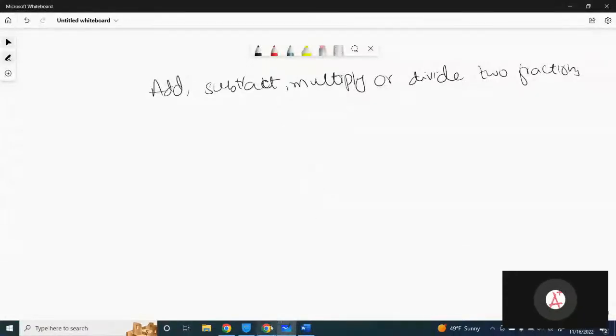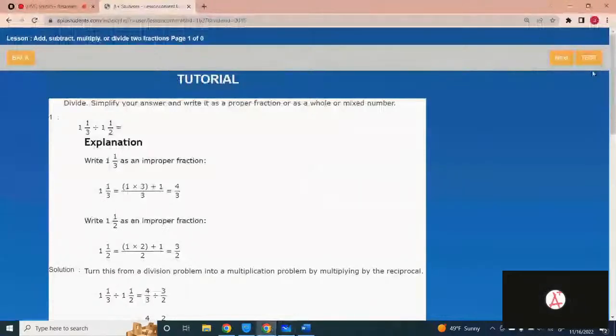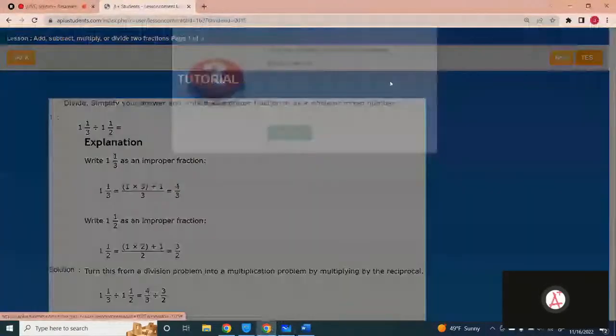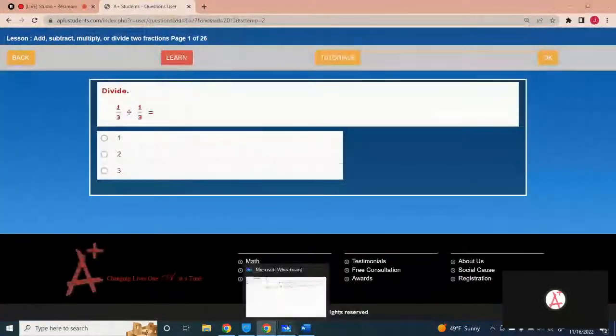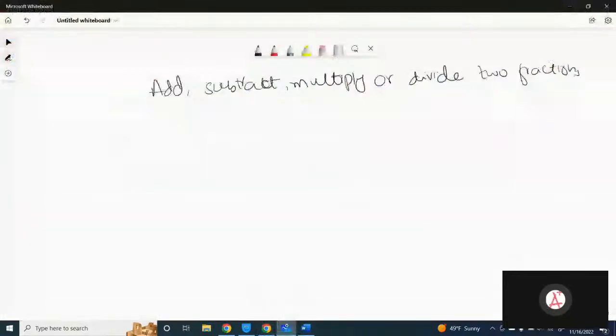Okay, so let's start with the first example. Let's start with a test question. Okay, the first one is 1 by 3 divided by 1 by 3. Got it? You have to divide two fractions.